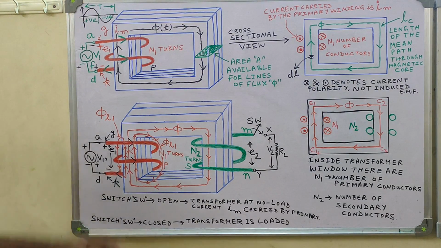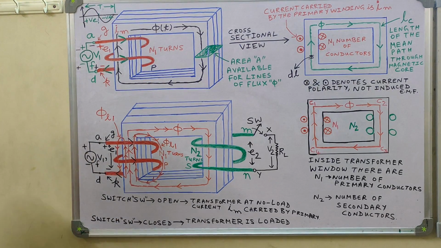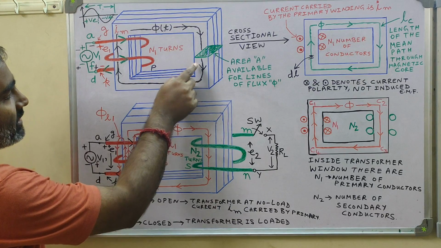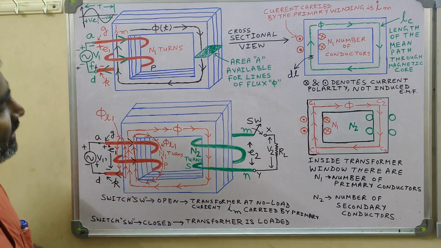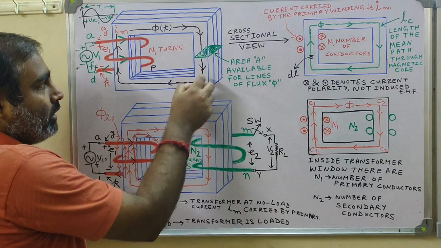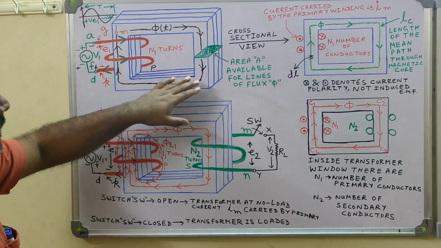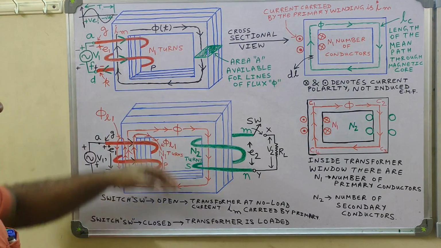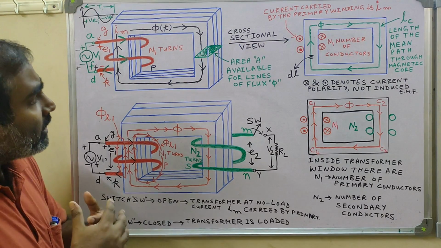Now in this diagram also you can see the same thing is there, except for one difference: around this limb secondary windings are not shown to be wound. Indeed I should admit that there will be a secondary winding across this limb, but that is not indicated here so as to keep the diagram neat and visible, and to avoid any kind of clumsy representation.